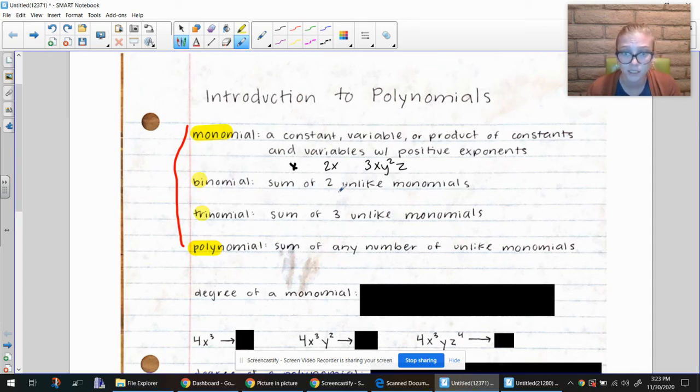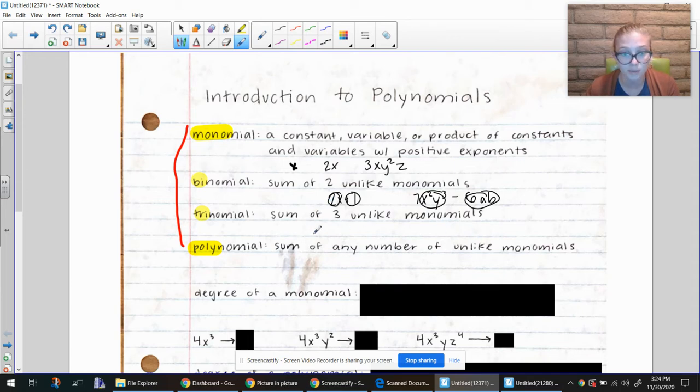A binomial is the sum of two unlike monomials. So maybe 2x plus 1 or 7x squared y to the third minus 6ab. These would be binomials because there's 2 monomials in each.